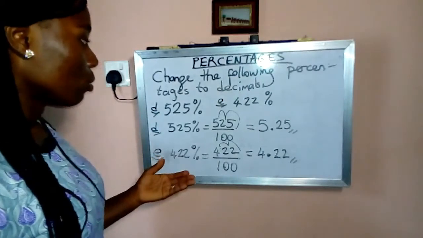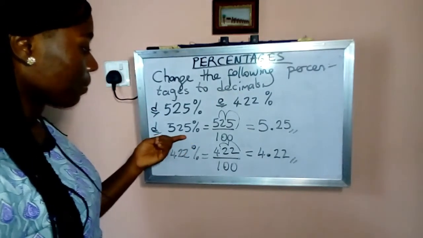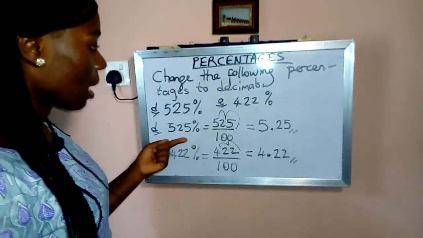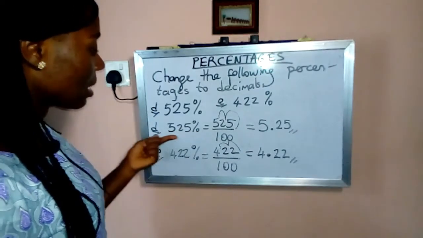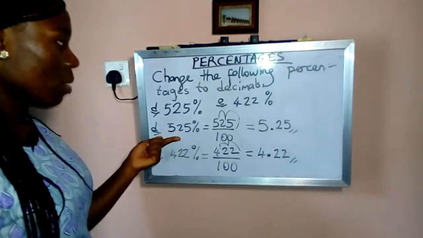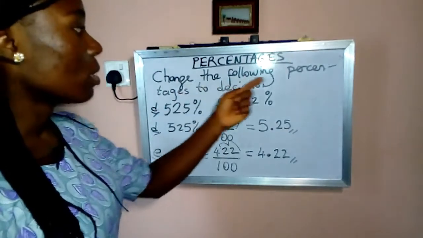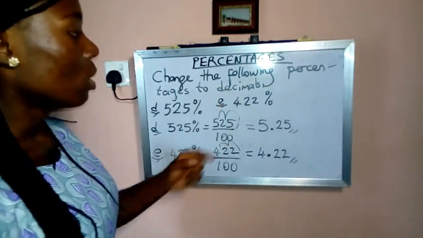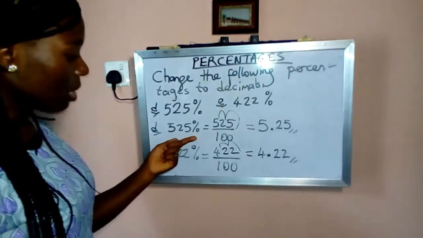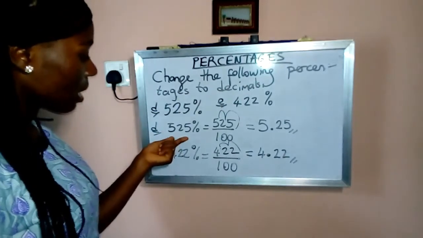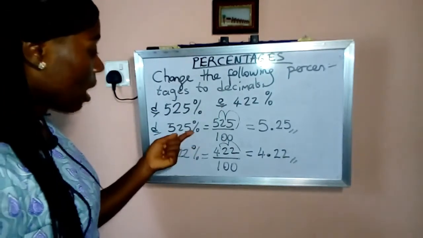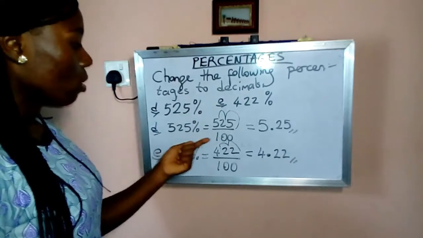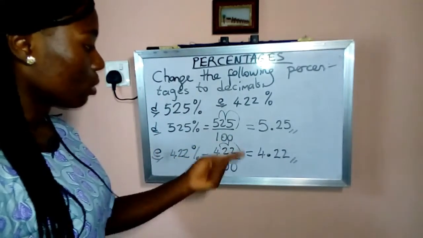What you do when you see a number that has a percent at the back of it, or a number attached to a percent, is simply called a percentage. The question says change the following percentage to decimals. What we do is put the number as the numerator, as we have always been doing, and the percent, which is your 100, as the denominator.